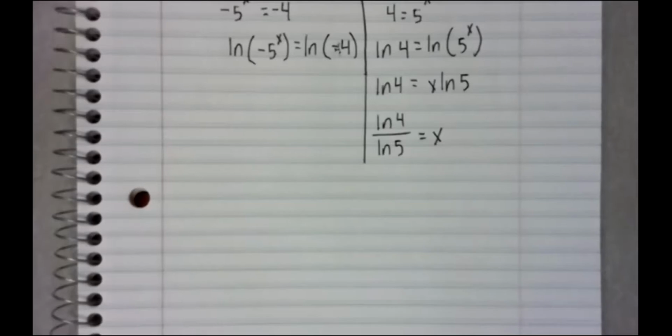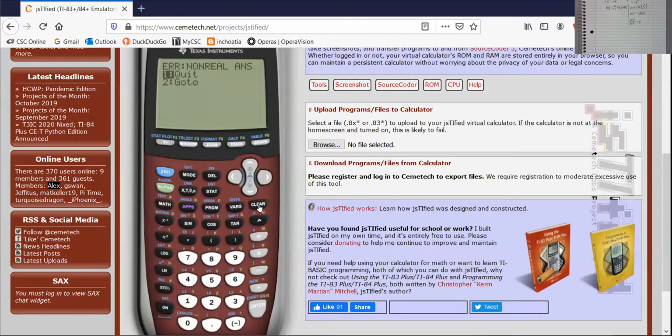Let's try to share it. The log of 4 divided by the log of 5 is about 0.86135331.